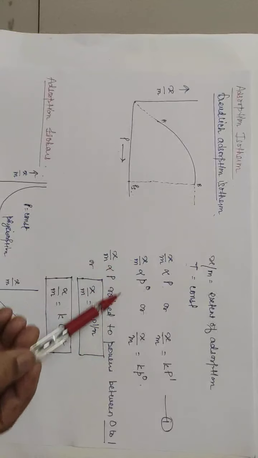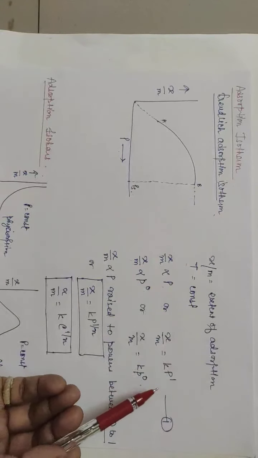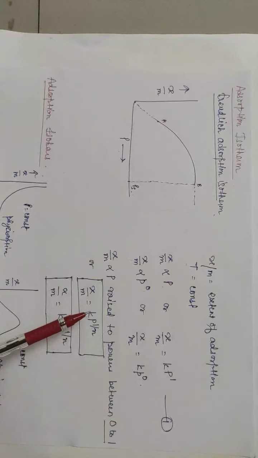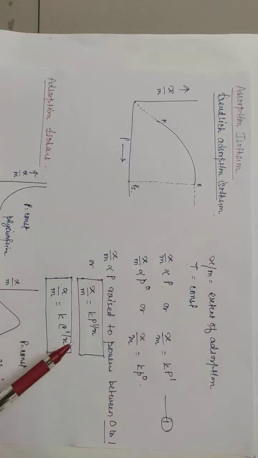That means in the intervening pressure range, the power ranges from 0 to 1. So we can write x by m is equal to K P to the power 1 by n, where n is an integer. If we are taking adsorption in solution, we can use a concentration term in place of pressure.